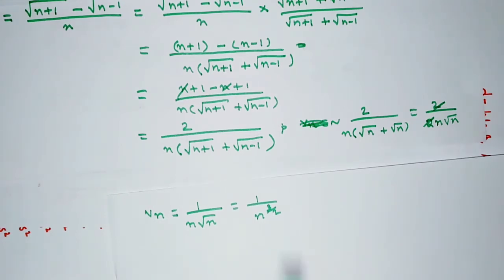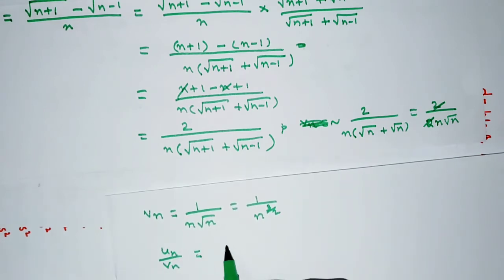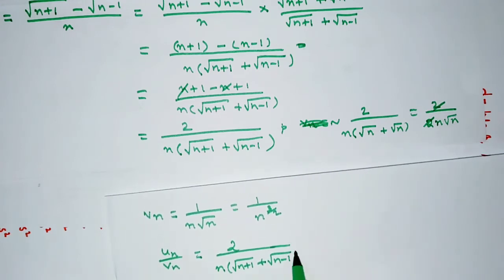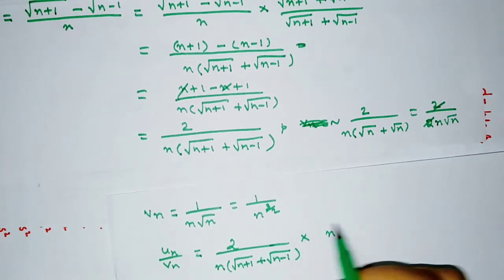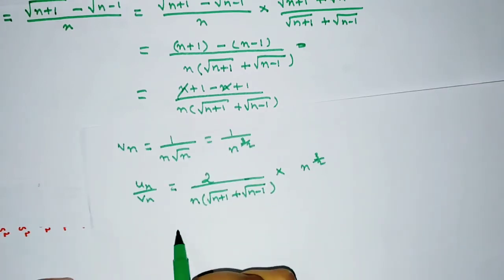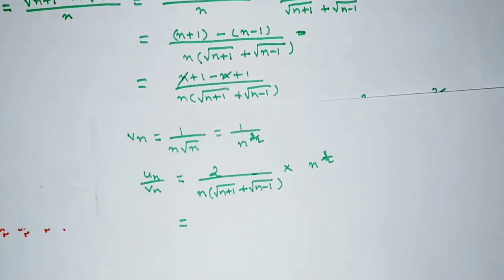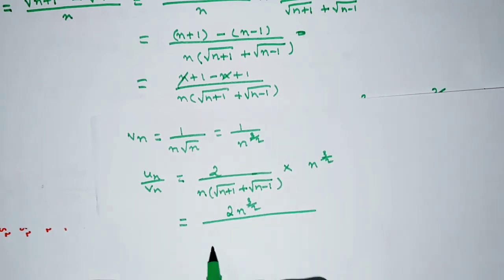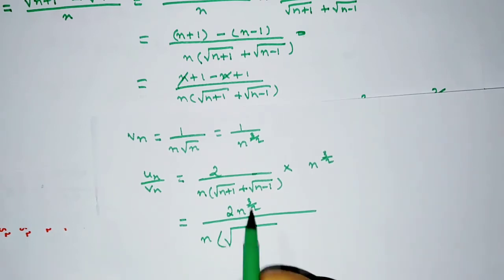Okay, so now divide Un by Vn. Un is 2 upon n root n plus 1 plus root n minus 1. Divide by this. So we have it like this. First take common by n.